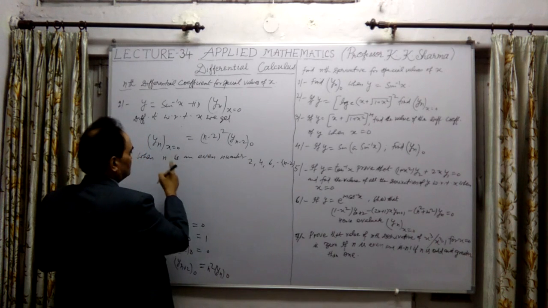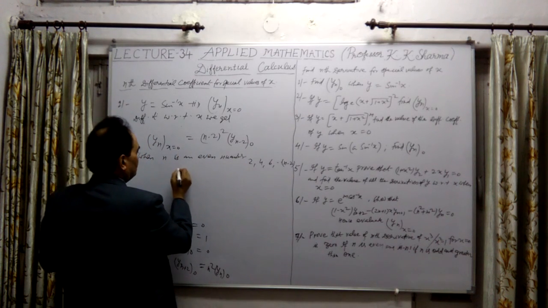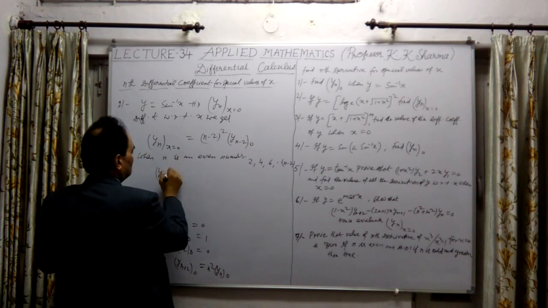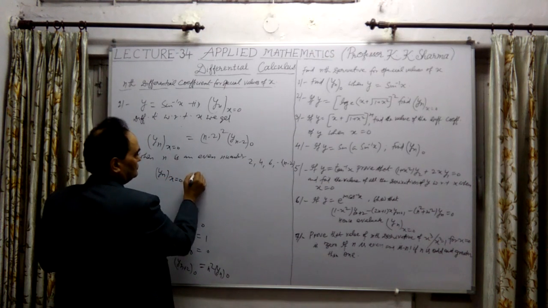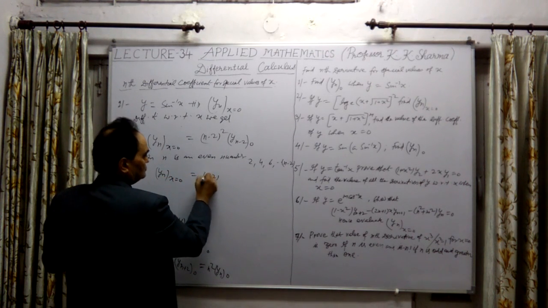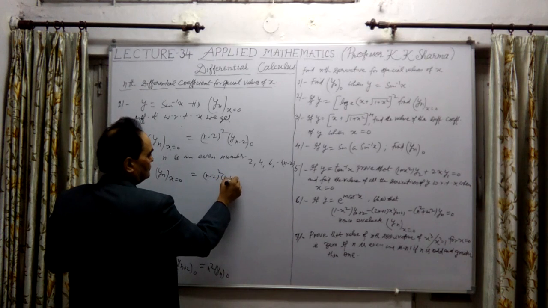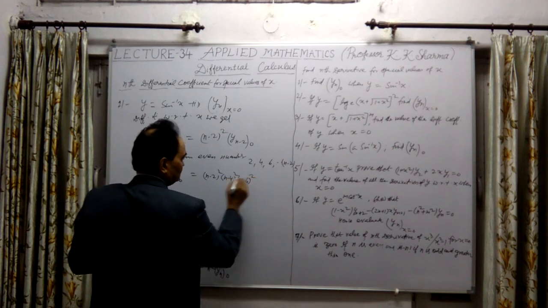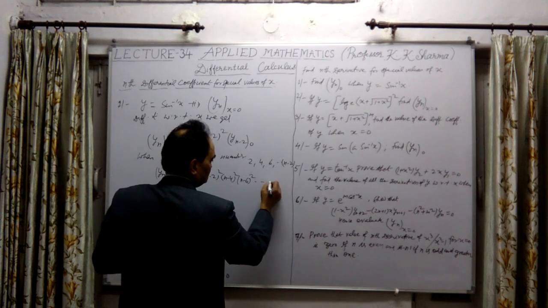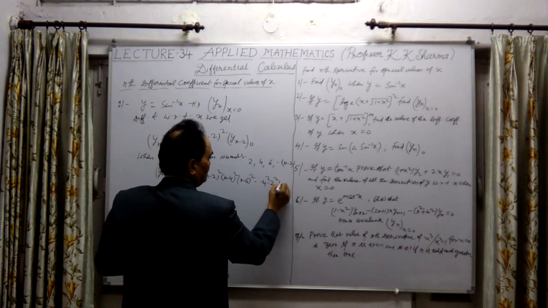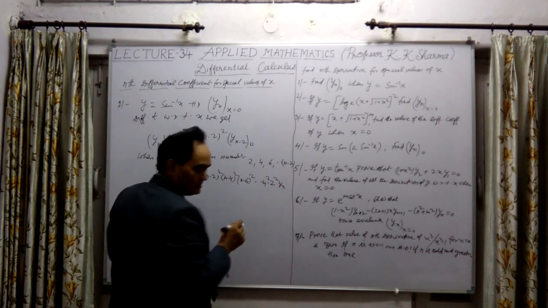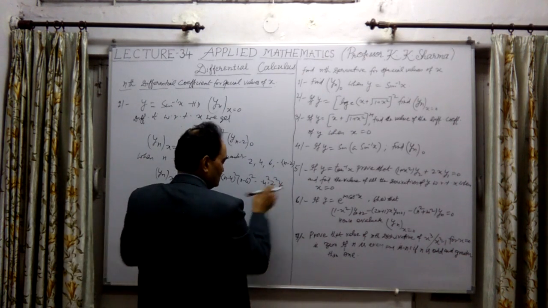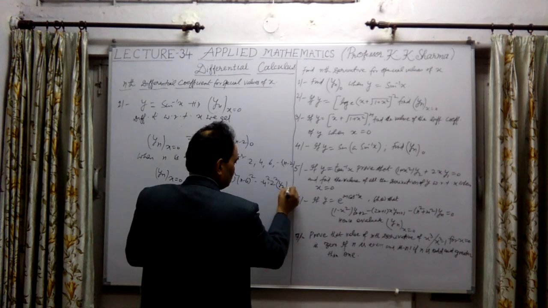If I substitute these values, then yn at x equal to 0 will be n minus 2 whole square, n minus 4 whole square, n minus 6 whole square, up to 2 square, and the last step will be y2 at 0.